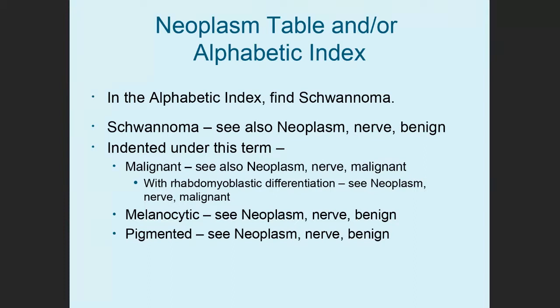If it says rhabdomyoblastic differentiation, then it also refers you to the column for malignant in the neoplasm table. Remember, see neoplasm means see the neoplasm table. On the other hand, if it says melanocytic or pigmented, go to the neoplasm table and use the column for benign. So it really depends on the circumstances.